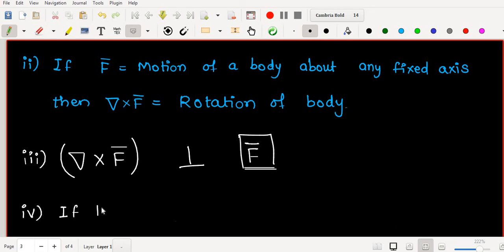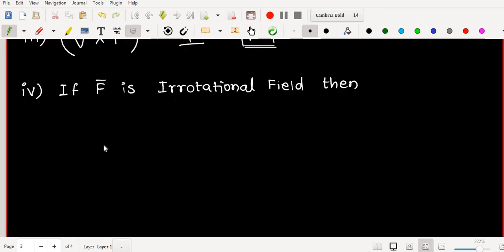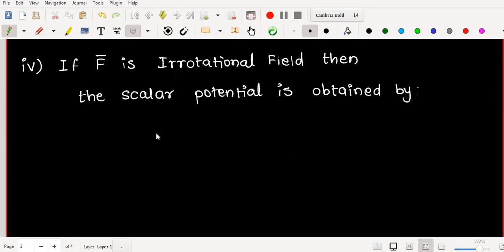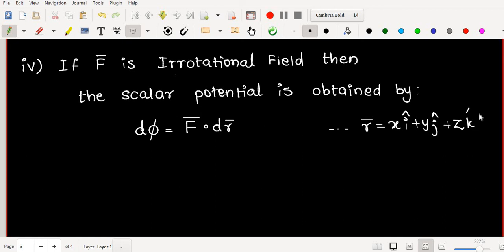If F bar is a conservative or irrotational vector field, then there exists a scalar potential associated with this irrotational field. Then the required scalar potential is obtained by using d phi is equal to F bar dot dr bar, where r bar is the position vector, x i bar plus y j bar plus z k bar.